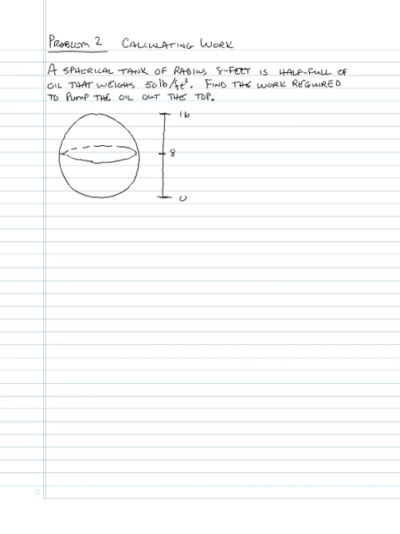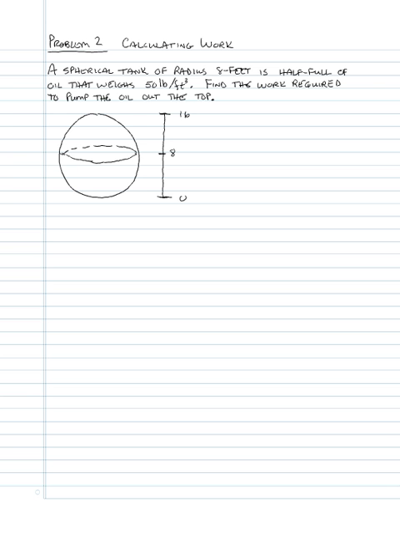Well, there's my three-dimensional sphere, and you can see, of course, that I've illustrated the level of oil in this spherical tank at 8 feet from the bottom of the tank. It's half full. The sphere has a radius of 8 feet, so from top to bottom is 16 feet. The numbers are coincidental to what we had a while ago.